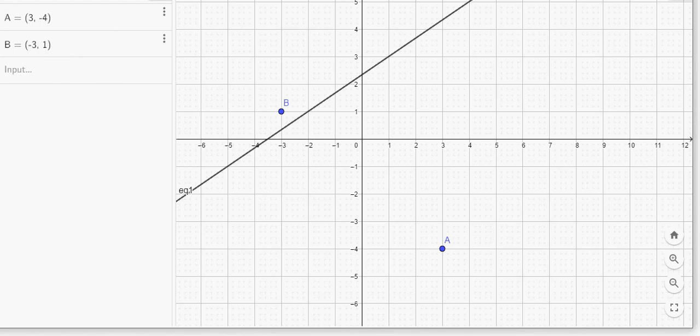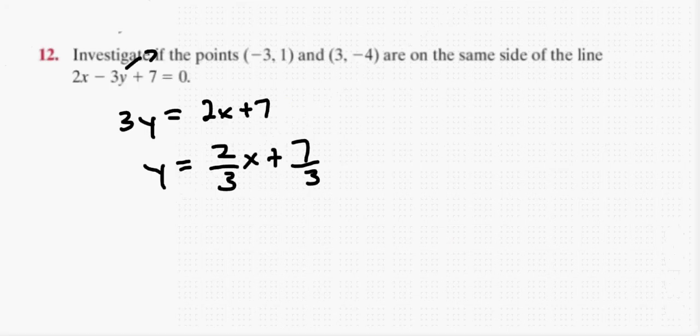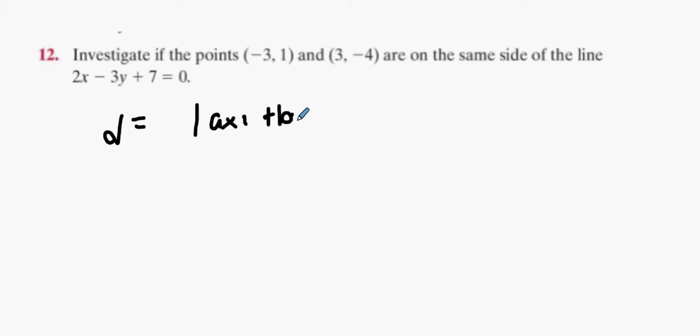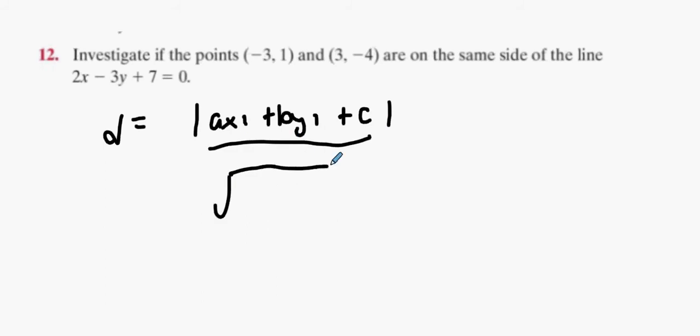So, what you want to know here is, what's this chapter all about? What's the formula that defines this chapter? D equals ax1 plus by1 plus c all over the square root of a squared plus b squared.